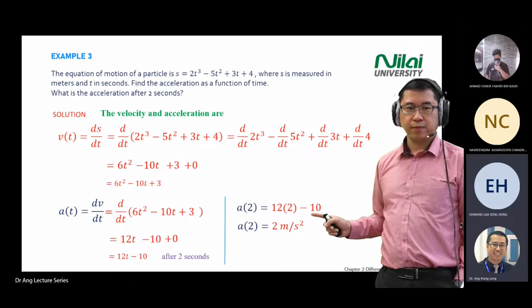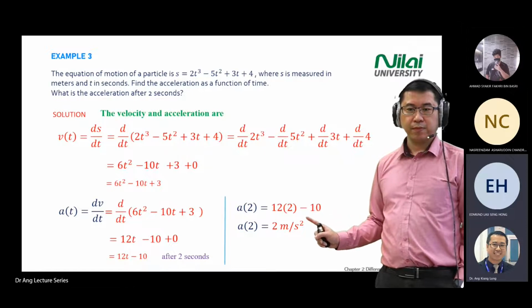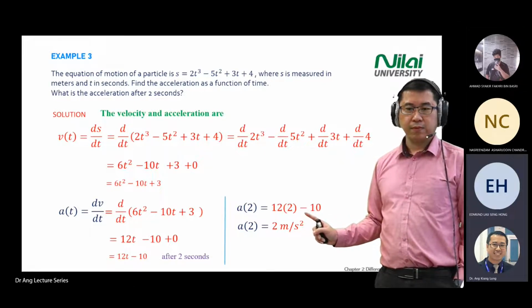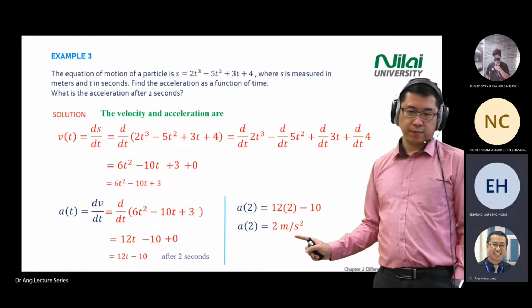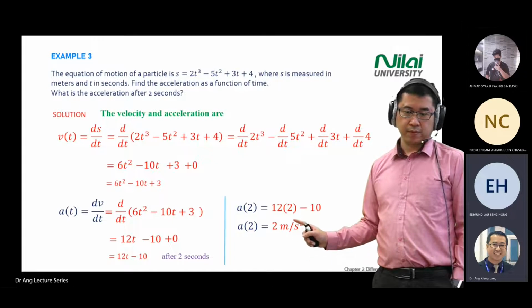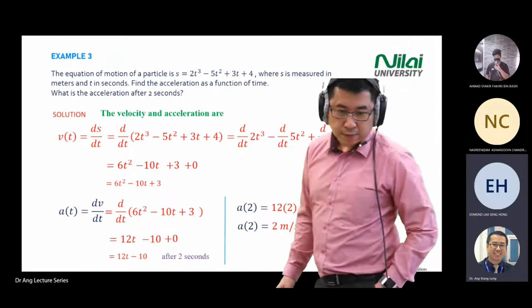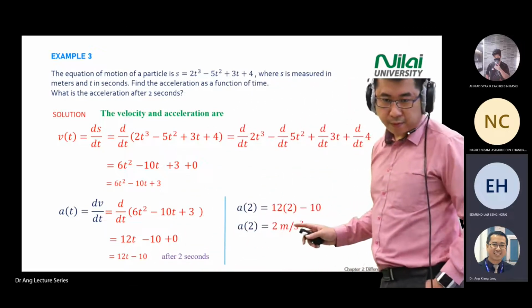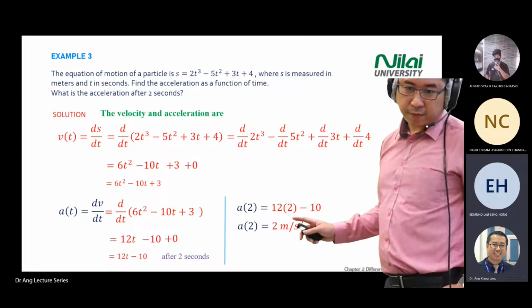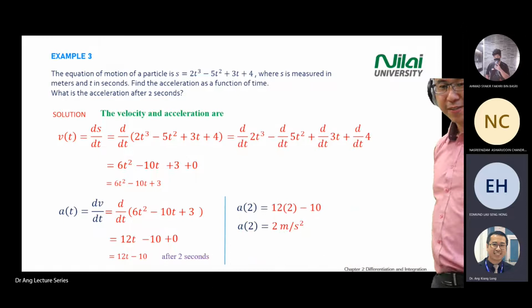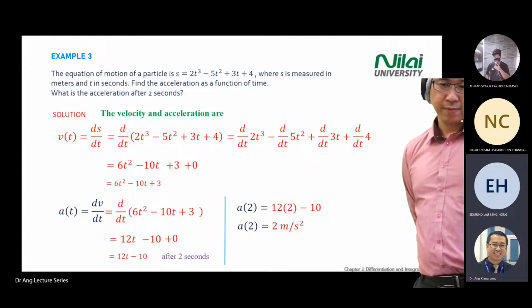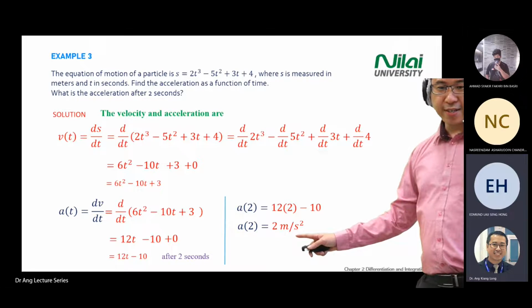I let the 12 multiply 2 and minus 10. Just now what did you do? Is it the correct answer? Yes, sir. This is the correct answer.